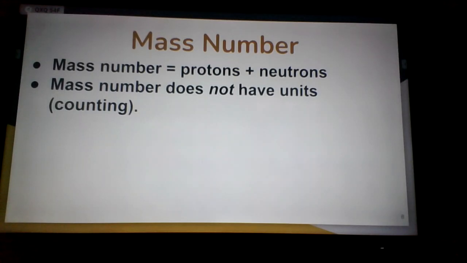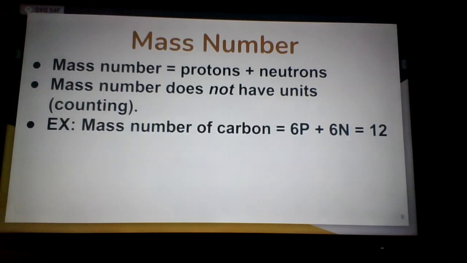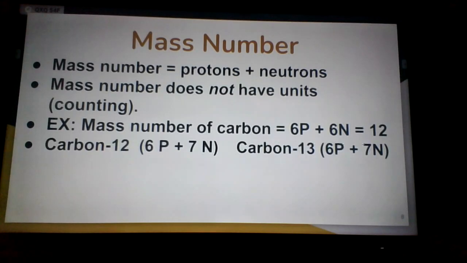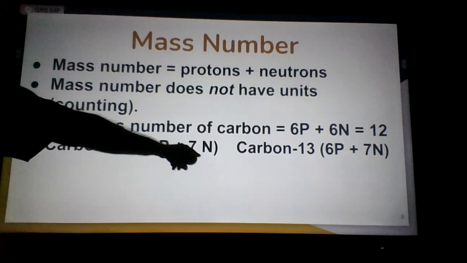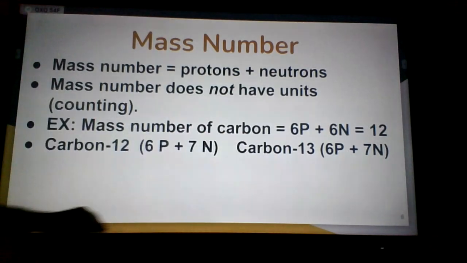The mass number is simply counting 1, 2, 3, 4 as we add up protons and neutrons. So the mass number of the carbon atom is 6 protons plus 6 neutrons equals 12. 6 plus 6 is 12. Now, a carbon 12 atom will be the 6 plus the 6 to give us a 12. But look here, 6 protons and 7 neutrons are going to give us carbon 13.